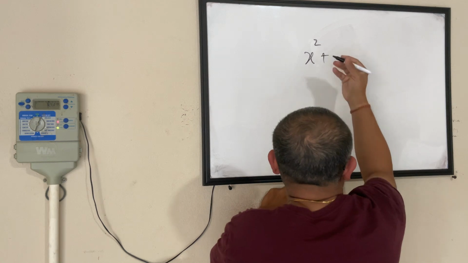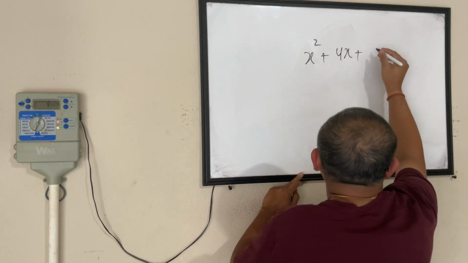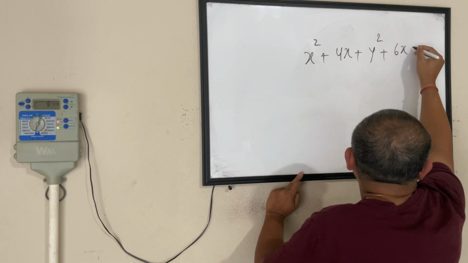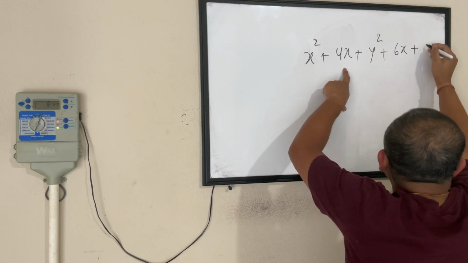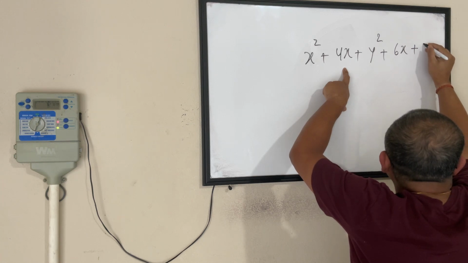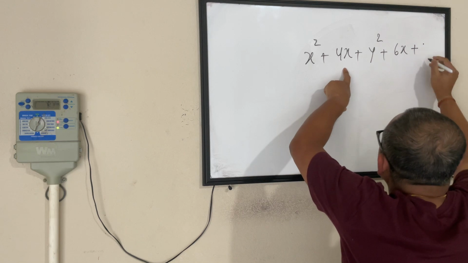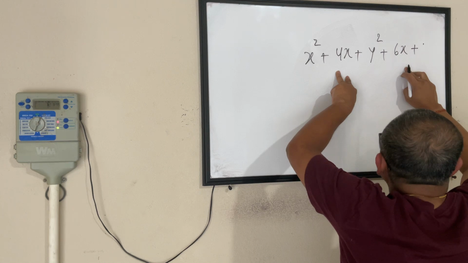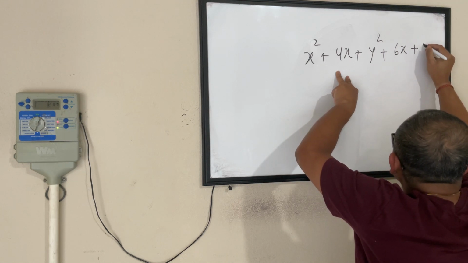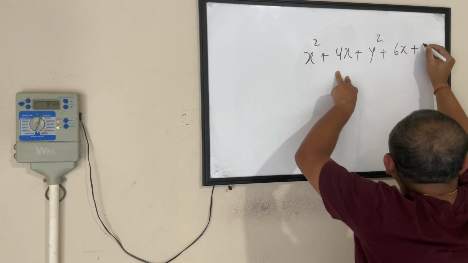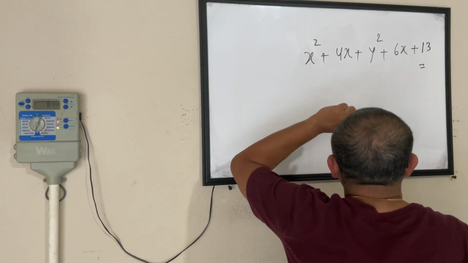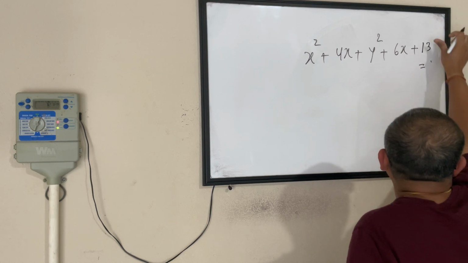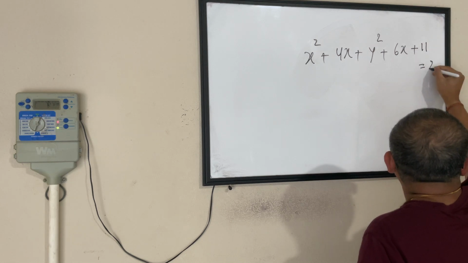So let's deal with something interesting. If I say I have an equation x squared plus 4x plus y squared plus 6y plus 13 equals 23.